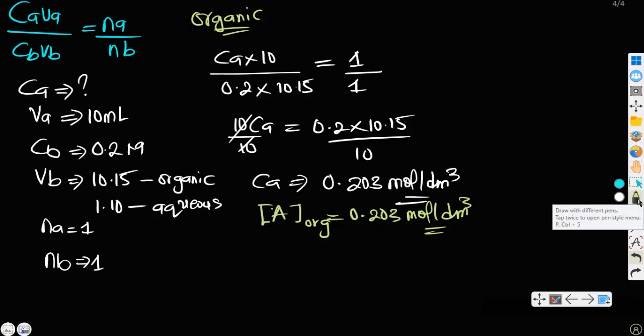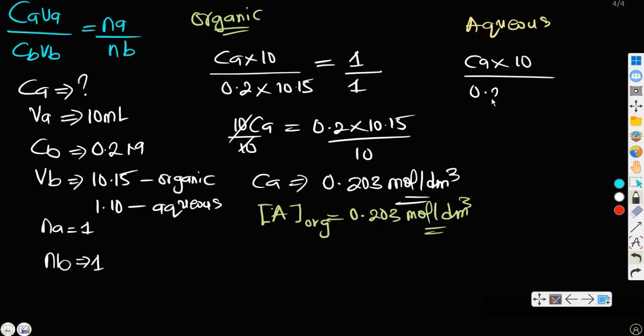Now, the next one is the aqueous phase. So for the aqueous phase, CAVA will still remain. CA is unknown. VA for the aqueous phase is still 10 ml, divided by CB, the concentration of base, 0.2, times VB, the volume of base used for the aqueous phase, 1.10. NA is 1, NB is 1. So this gives us 10 CA is equal to 0.2 times 1.10.